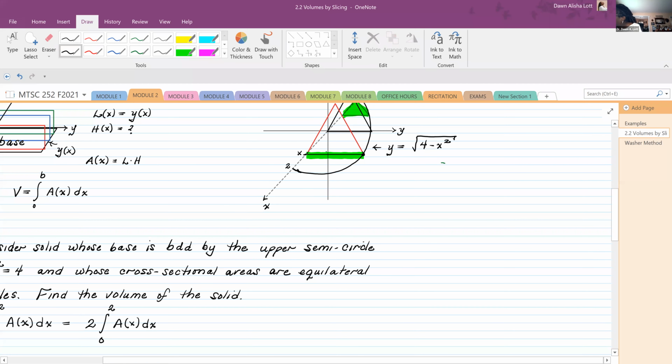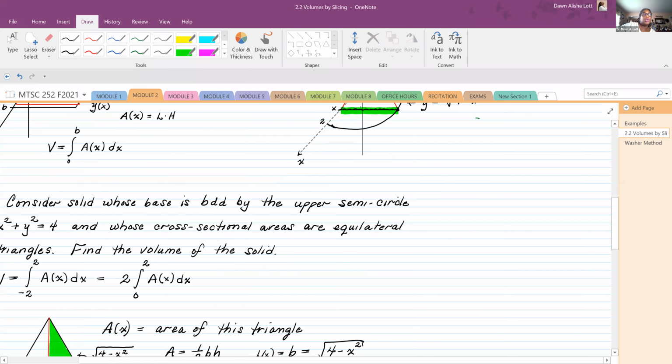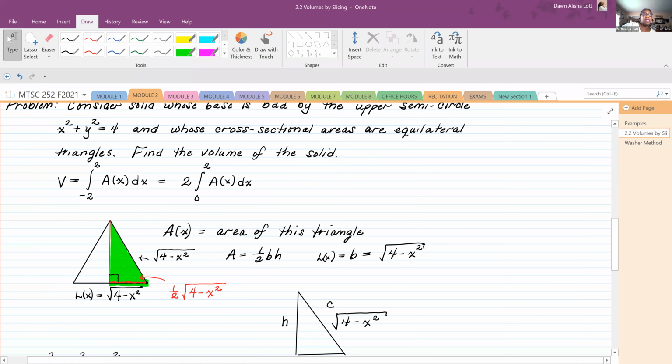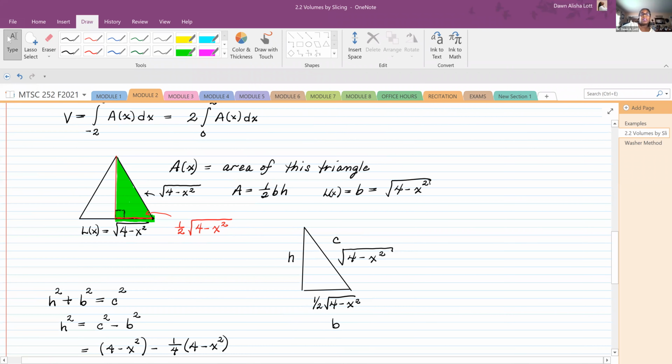So I know that this length is the square root of 4 minus x squared. Now I need to complete the fact that the area is 1/2 that length times the height. So now what I need to do is find the height. Once I get that the length is this, I now needed to find the height.